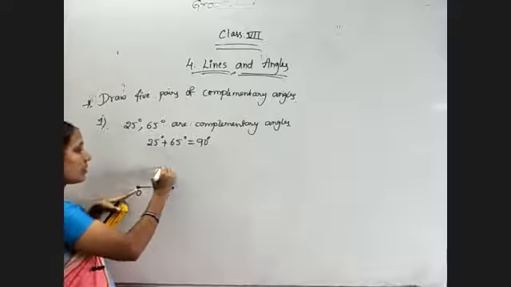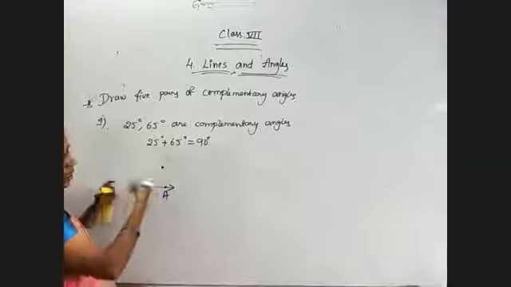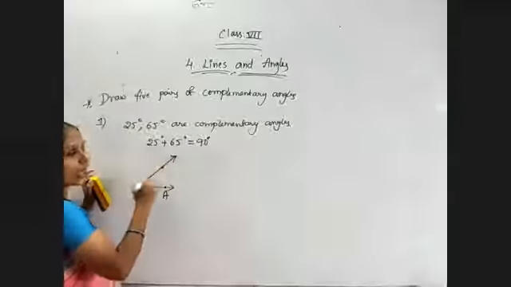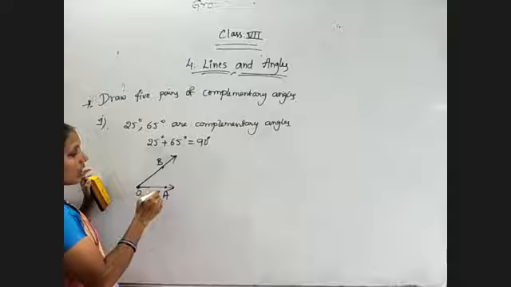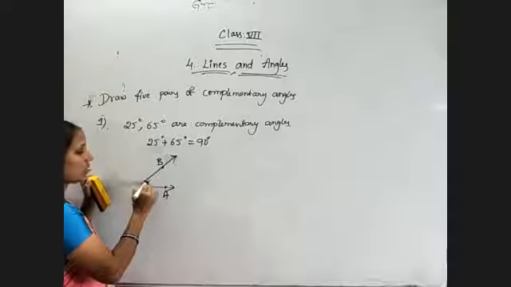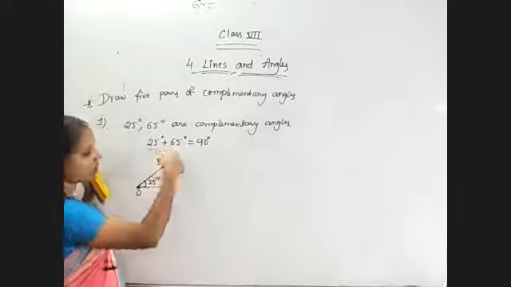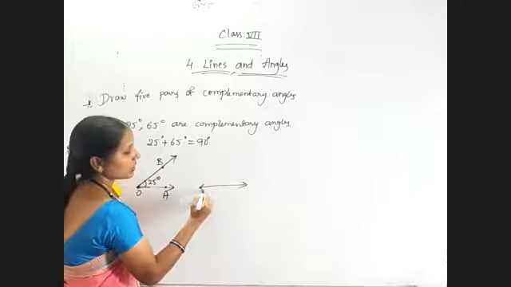So keep the point on that 25. Remove your protractor. Join this point and label that point as B. Now angle AOB is equal to 25 degrees. Now 65 degrees also the same way. Take another variable.